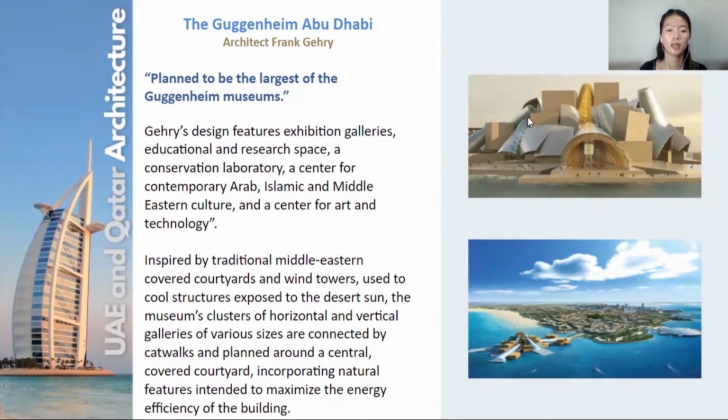Galleries, educational and research space, a conservation laboratory, a center for contemporary Arab, Islamic, and Middle Eastern culture, and a center for art and technology. And it is inspired by traditional Middle Eastern covered courtyards and wind towers used to cool structures exposed to the desert sun.